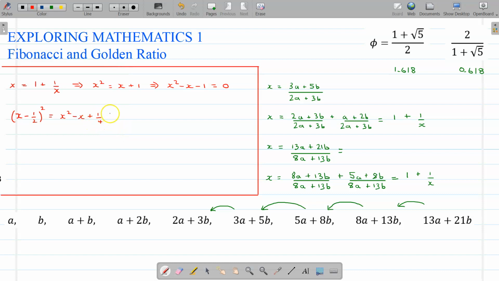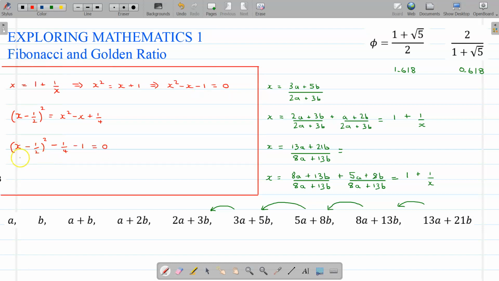So what I want to do now is change this around a bit so that I can write my original equation as x minus a half squared, and I've got to take away this quarter which is left over, and I've also got to take away my 1 which is still there, you see, and that equals 0.